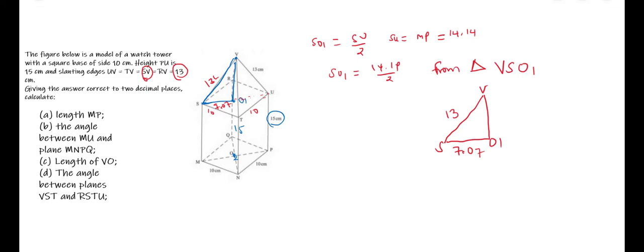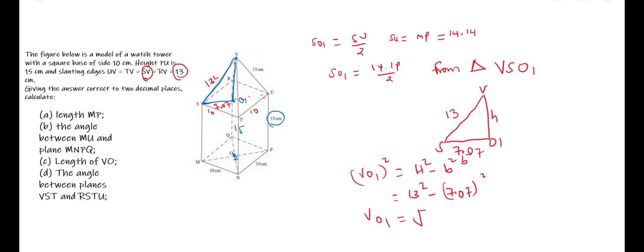So VO1 squared equals, this is the height. So using Pythagoras theorem, that is hypotenuse squared minus the base squared, which is 13 squared minus 7.07 squared.